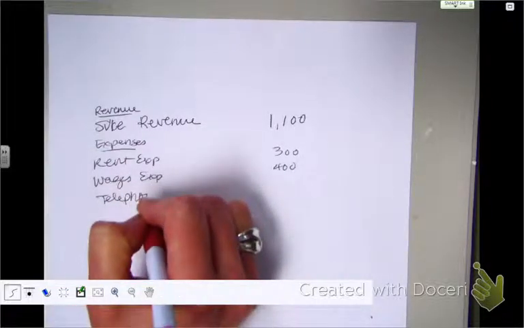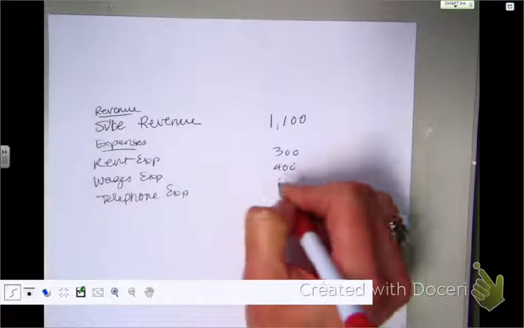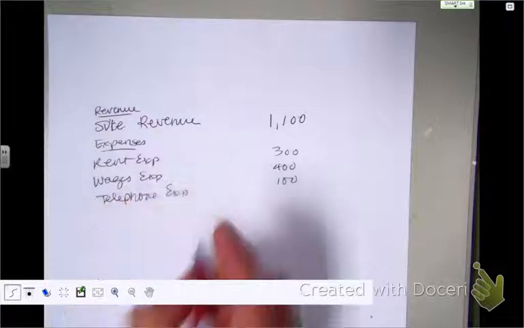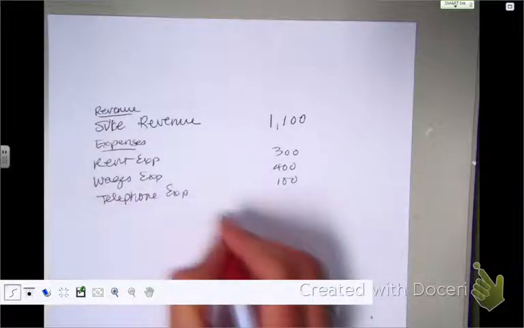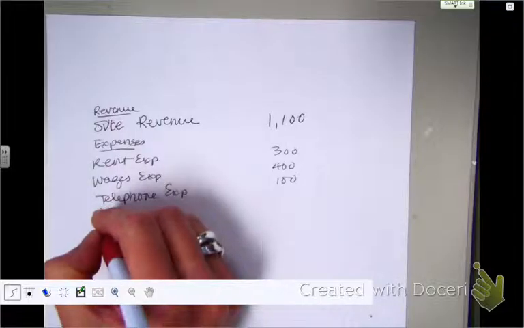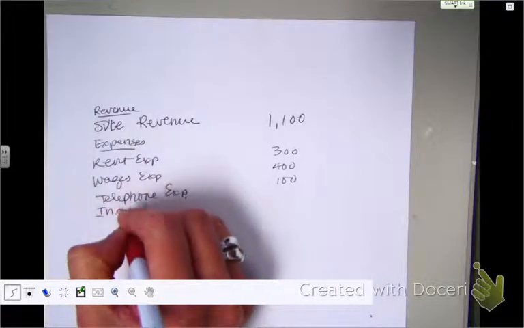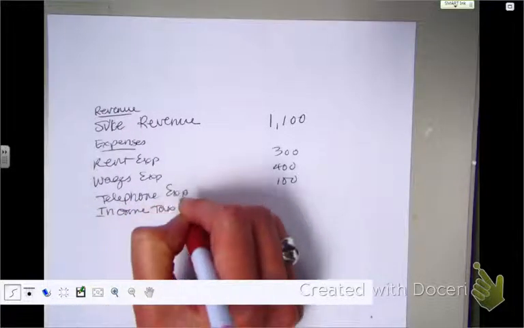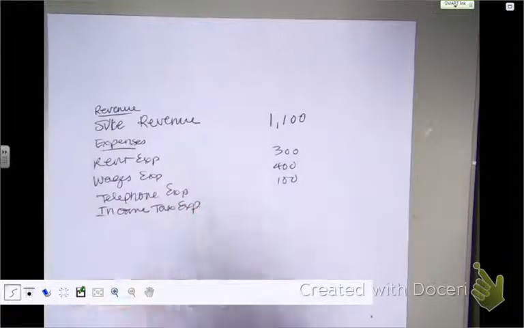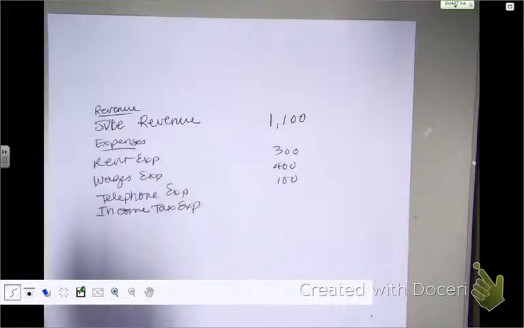And income tax expense is 50. Okay. And technically we would do a subtotal here, but just for argument's sake, we'll do this all like this because we're just doing it fast. If we were doing a regular income statement, we would do a subtotal and get the operating profit and so on.